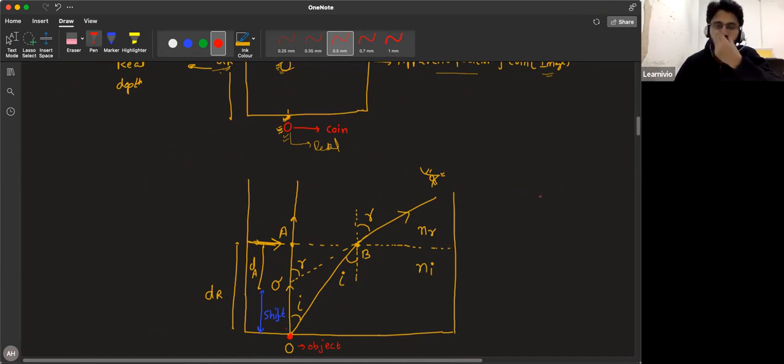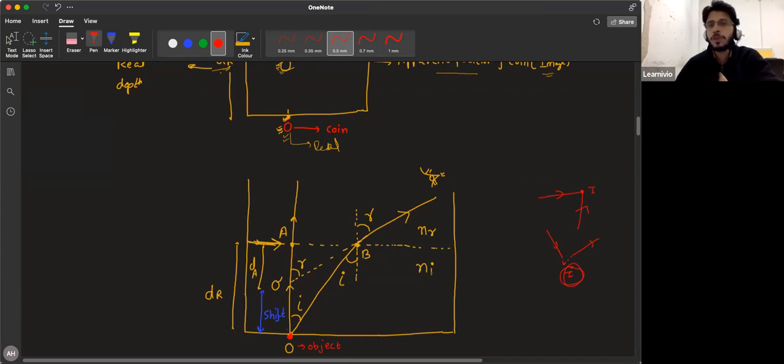We obtain an image when rays meet after refraction. This type of image is known as a real image. But if the rays diverge and you produce them in the backward direction, then they appear to meet at a point. We call this image a virtual image.